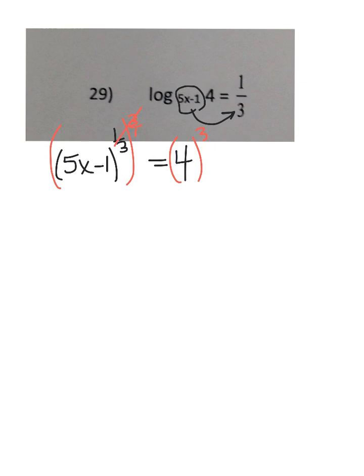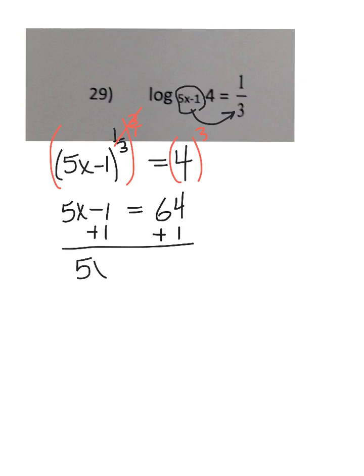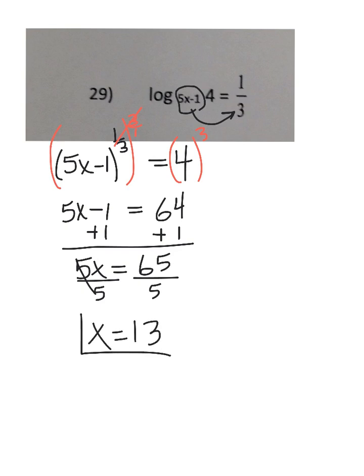That will cancel this out. And then I will be left with, on the left-hand side, just 5x minus 1. And on the right-hand side, I'm going to be left with 4 cubed, which is 64. We're just going to add 1. And I am going to divide by 5. And that will leave me with 13. There we go. There's your answers.